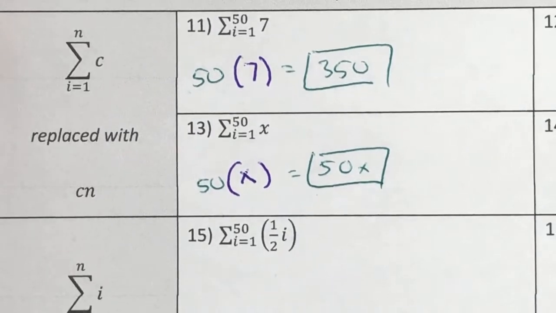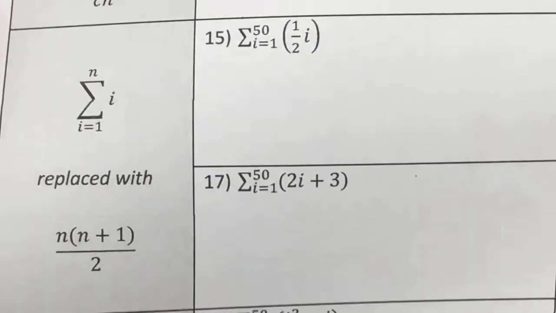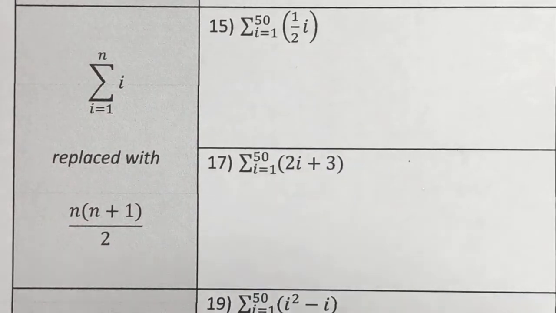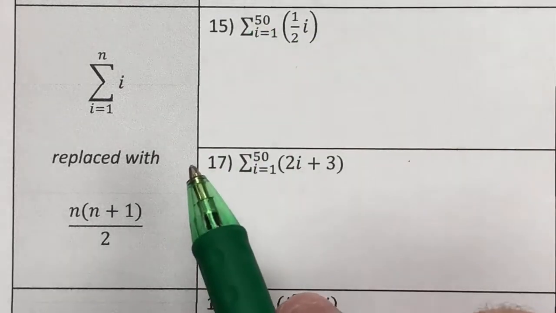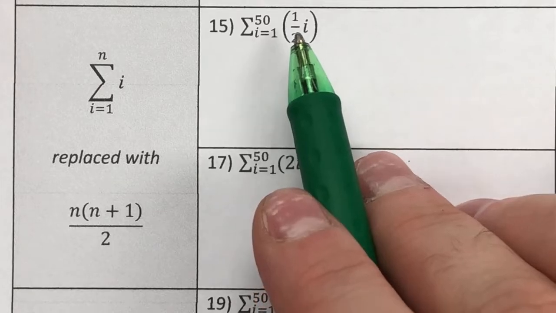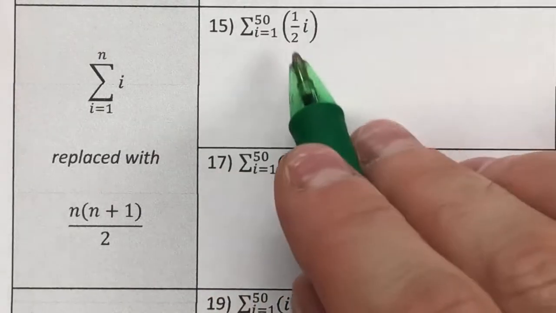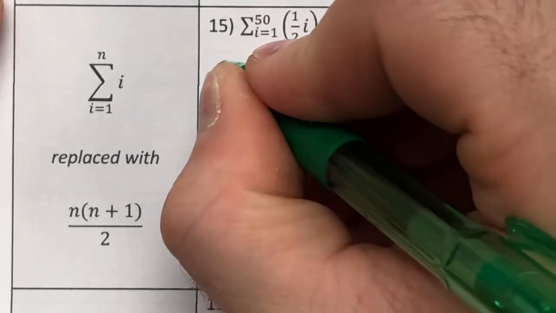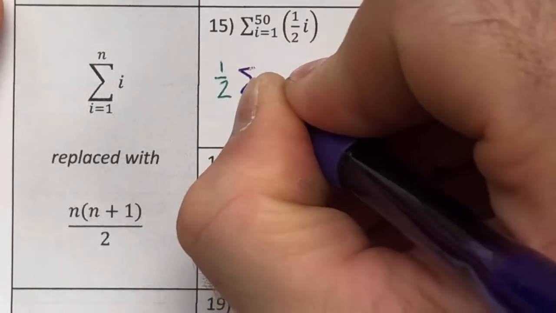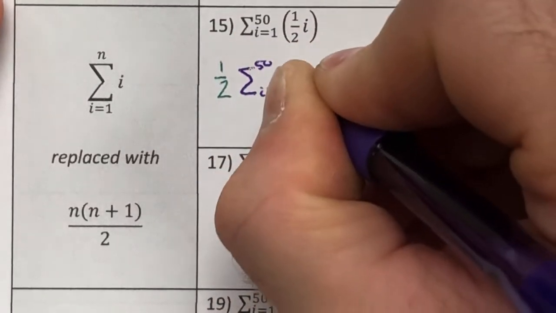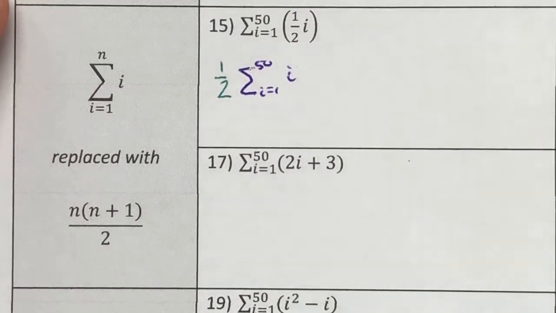Easy enough. What happens if I do have the variable that needs to be changed? What happens if I have something like 1/2 i, and I'm dealing with it from i from 1 to 50? Well, our first step is always to pull out our coefficient, so I know that that 1/2 can be pulled out. So 1/2 times the sum of 1 to 50 of i.